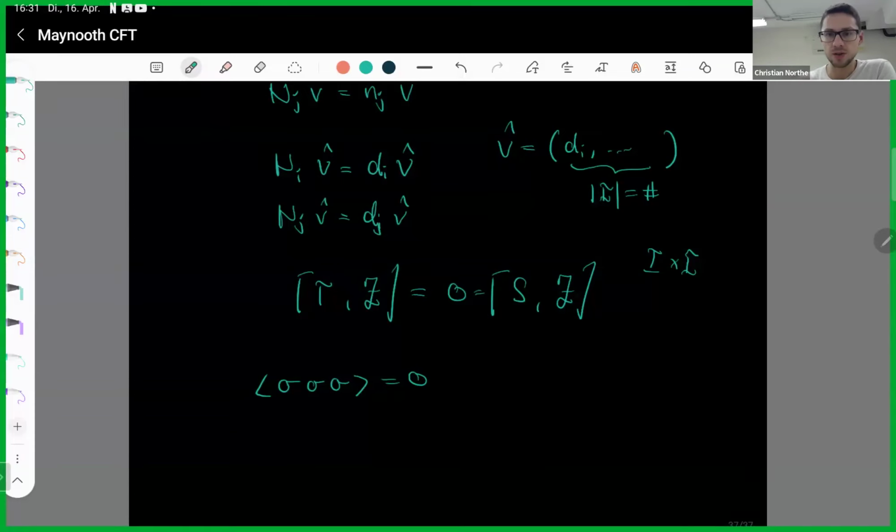So I cannot make the statement that C sigma sigma sigma is going to be proportional to this. I can only say if this is going to be 0 or non-zero. So it's a yes or no answer. Fusion just tells me if this thing is 0 or non-zero. That's it. There's no more information I can extract from the fusion coefficients on the interaction strength. So maybe that's all there is to it, to be clear. Does that already help? Does that resolve the question?